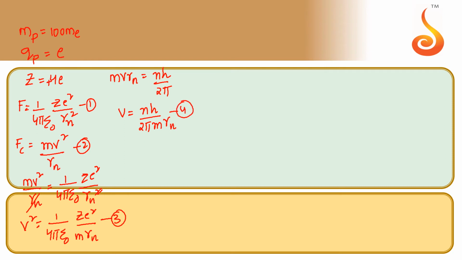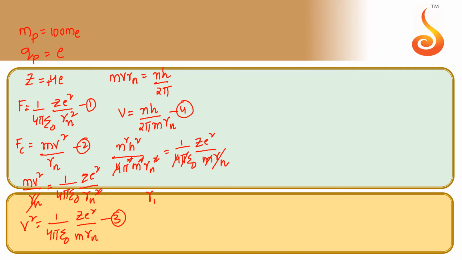What we get? n square h square by 4 pi square m square Rn square is equal to 1 by 4 pi epsilon naught Z e square by m Rn. Rn square gets cancelled, m gets cancelled, 4 and 4 get cancelled, pi and square get cancelled.